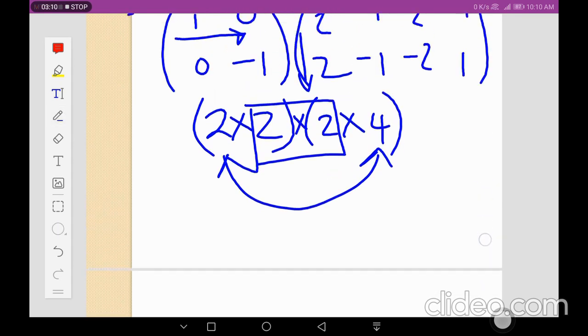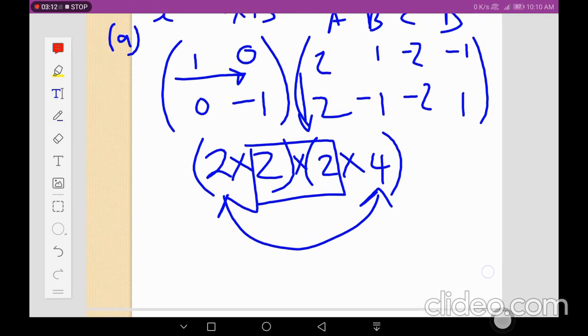Now let's multiply row by column. For the first row, I'll have 2 times 1, I get 2, plus 0 times 2, I get 0. Then the second one, 1 times 1, I get 1, plus 0 times -1, I get 0.